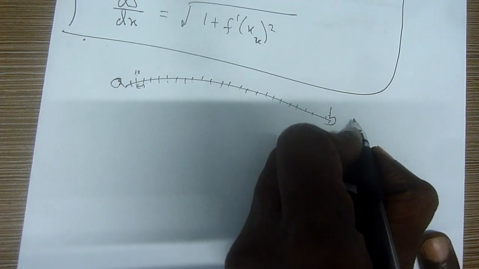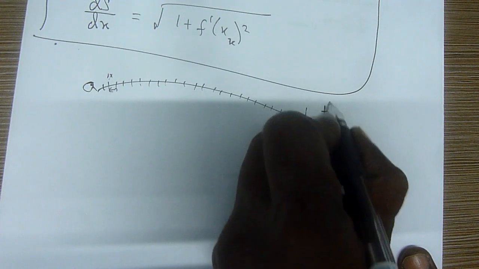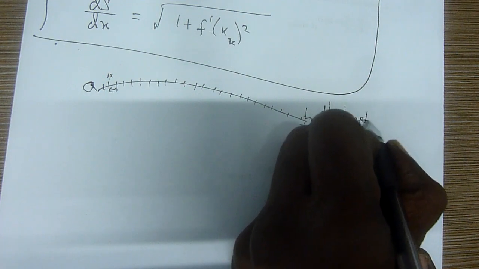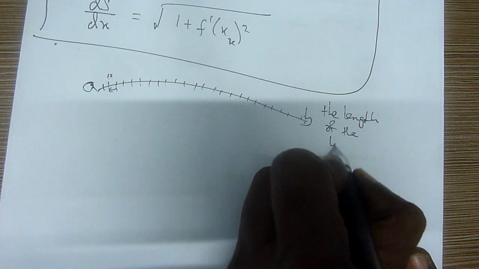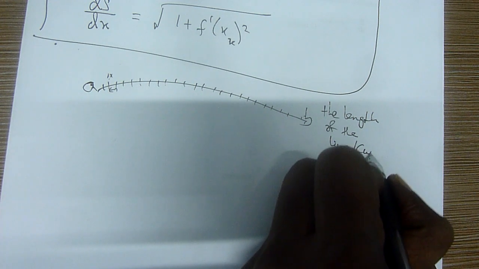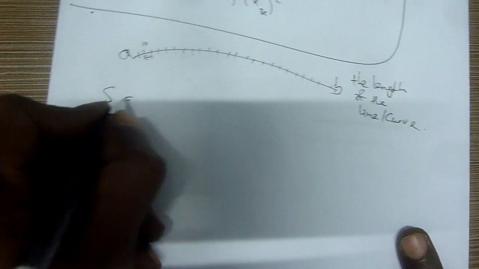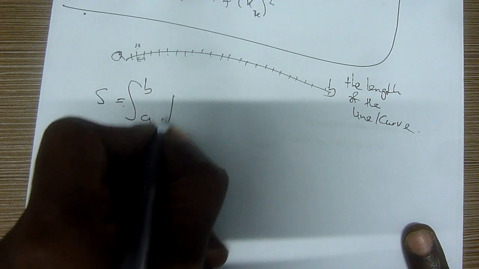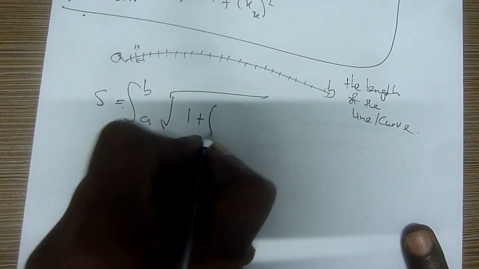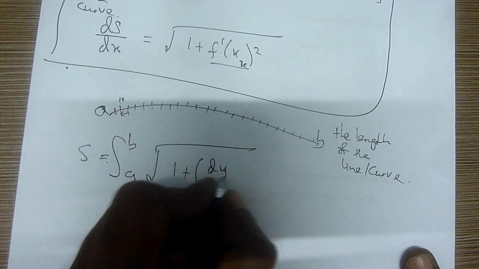This is what we call the length of the line or curve. Now for the s, it can be calculated from a to b, the square root of 1 plus, what is this? Actually it is dy dx.